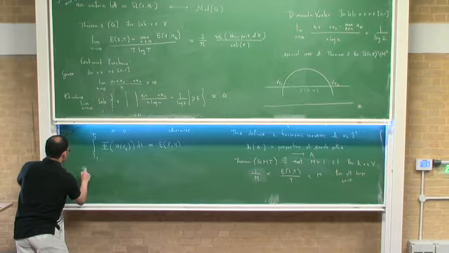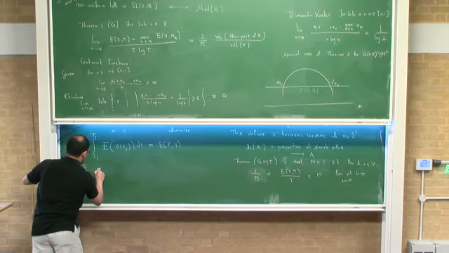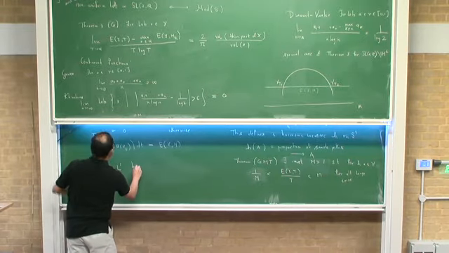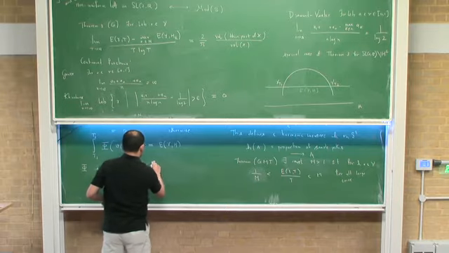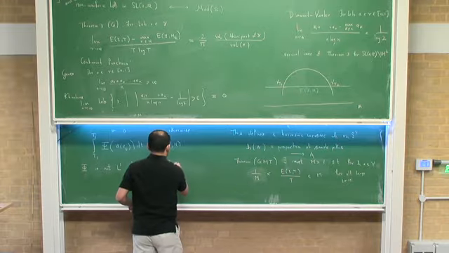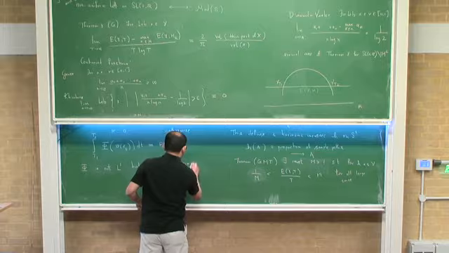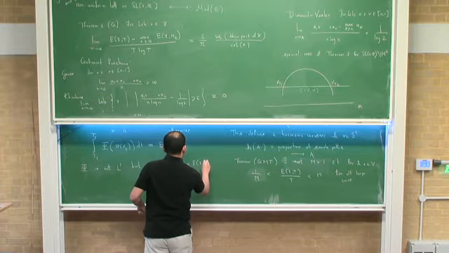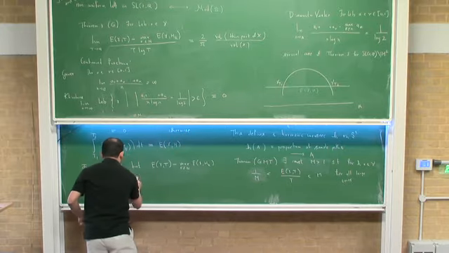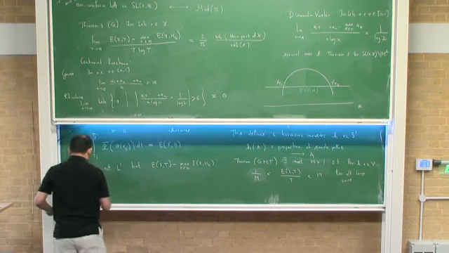So this function phi is not L1, but this quantity, the numerator that we are considering, is very well approximated by a suitable truncation of phi.